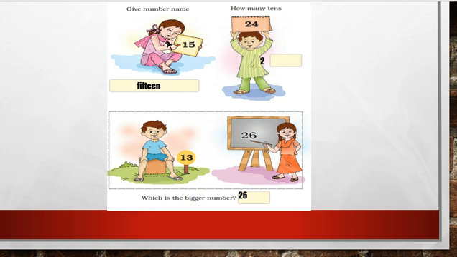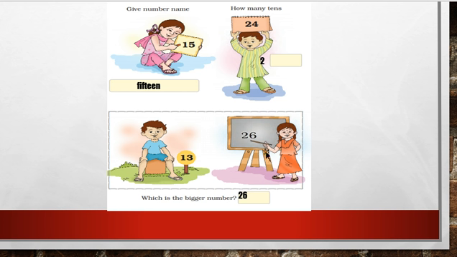In the next worksheet, these two children have taken the placards or flashcards of two numbers, 15 and 24. Here is one picture having two children again. One is sitting, one is on the blackboard.